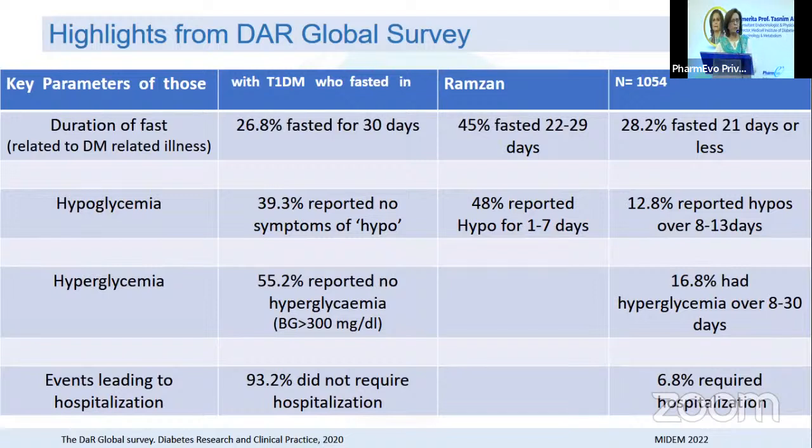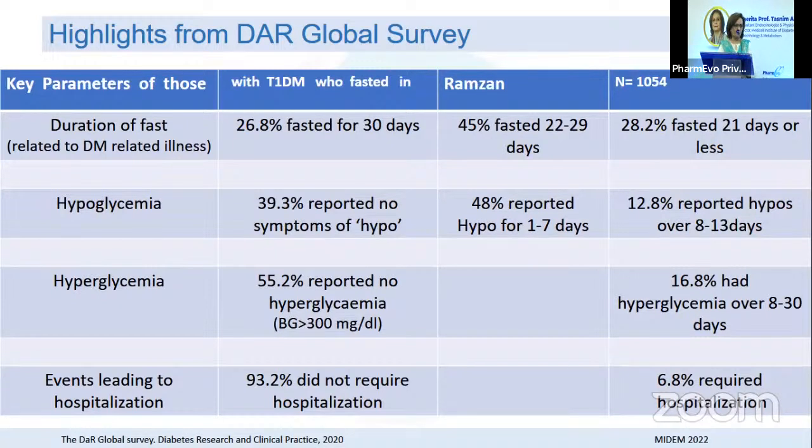So when you look at duration of fasting during the month of Ramzan with type 1 diabetes who fasted, 26.8% were able to fast for 30 days. So that's great. About a quarter could fast for the entire month of Ramzan. 45% fasted for 22 to 29 days, and another quarter, a little over quarter, fasted for 21 days or less.